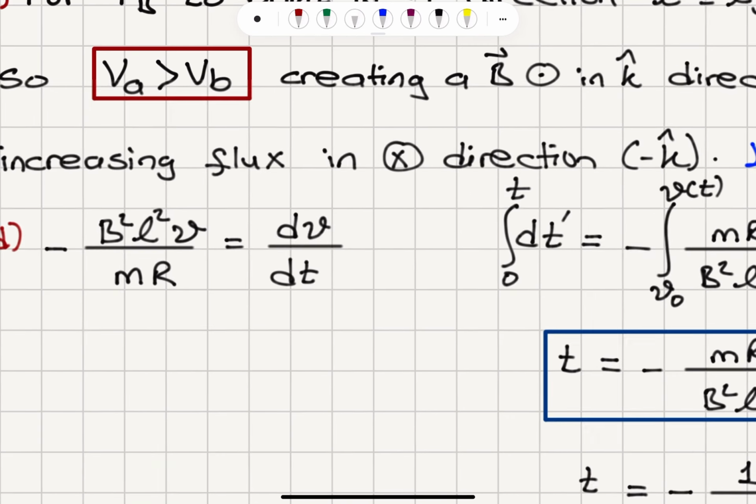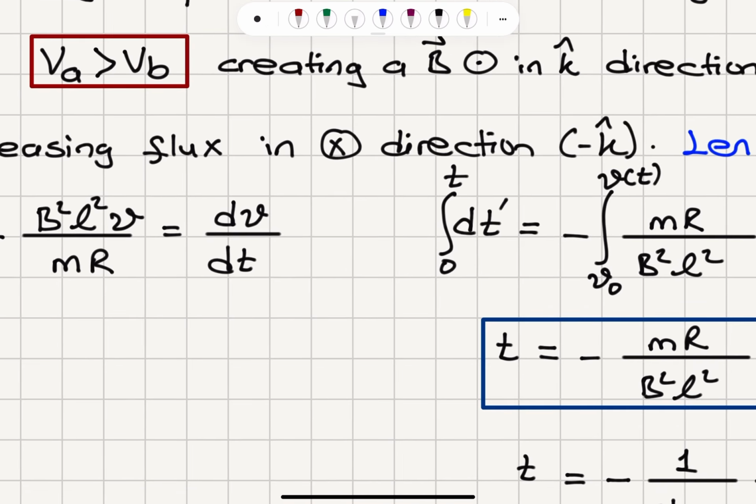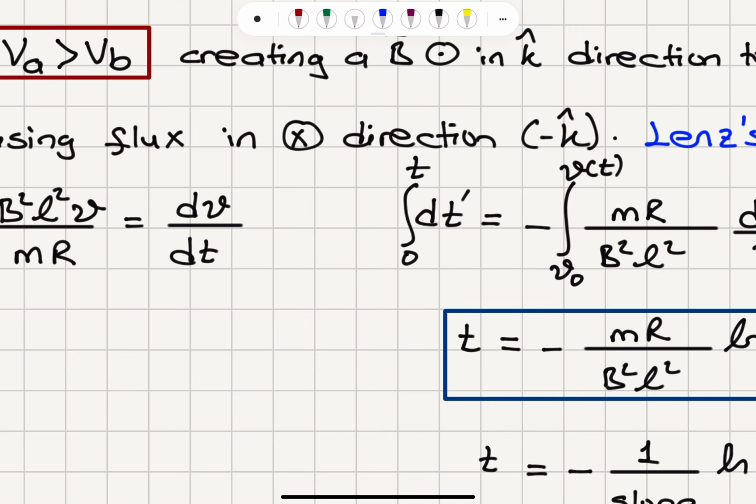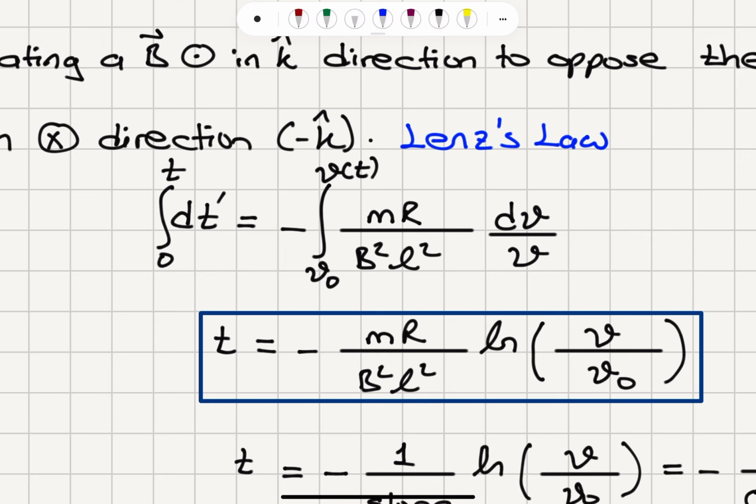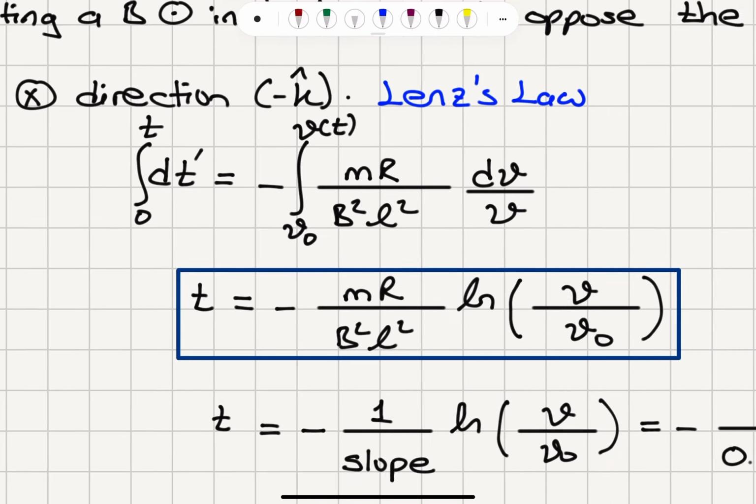And in part D, looking at this equation of motion, the net force is the magnetic force, minus B square L square V over mr is dV/dt. So m times acceleration is the net force. Isolating the speed and the time, the time goes to the left, the speed goes to the right. We obtain this relationship and we integrate it from time t equals 0 to t, and we ask for the speed to go from its initial value to 10 centimeters per second.